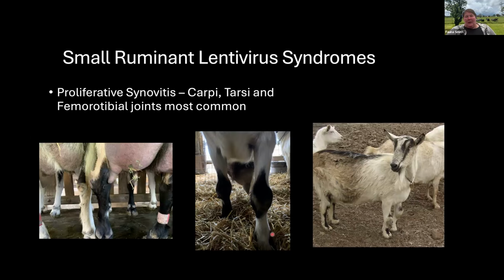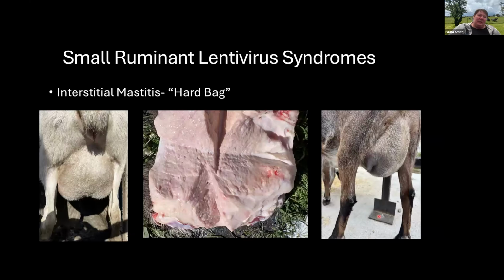Kind of the classic carpi, and then another doe with the classic carpi. When we talk about interstitial mastitis, from a production point of view, there are lots of goats with big swollen knees that still remain relatively productive in their milk careers.